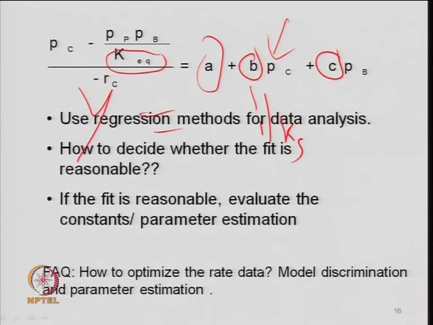That has been done here, and once you do that, you use the regression method, as I said, with any software tool, or you can do it analytically depending upon the number of data available. Nowadays software tools are available, like MATLAB and Origin, and one can do these kinds of regression, and thermodynamic analysis can also be done using these software tools. So, nowadays it is not difficult.